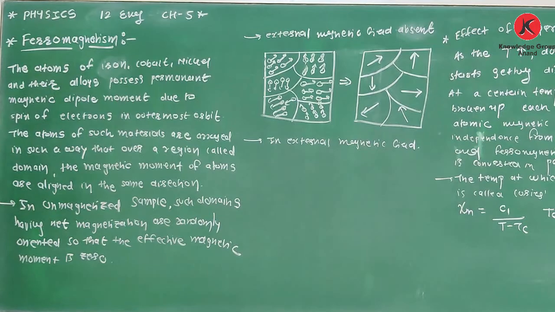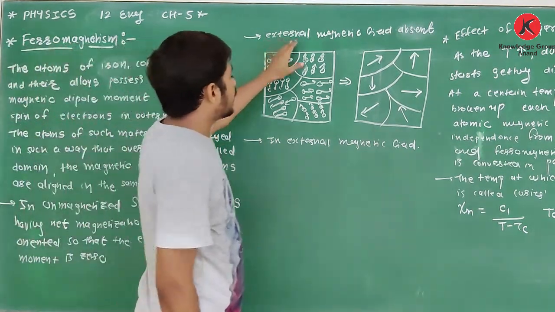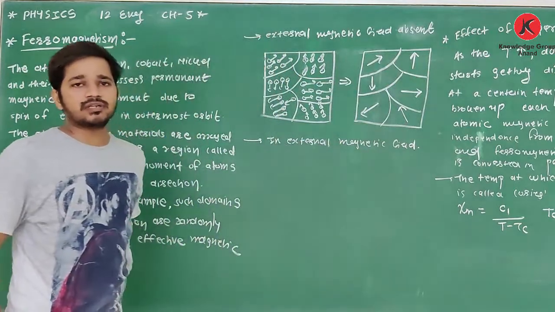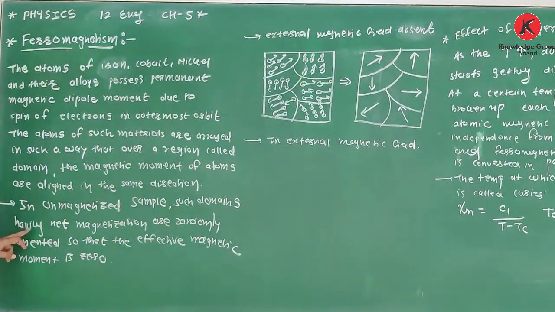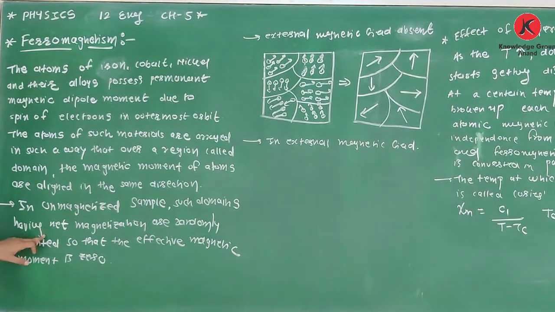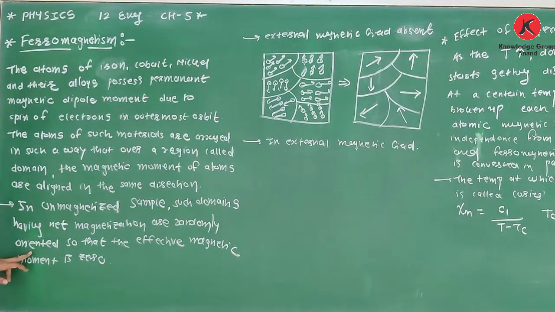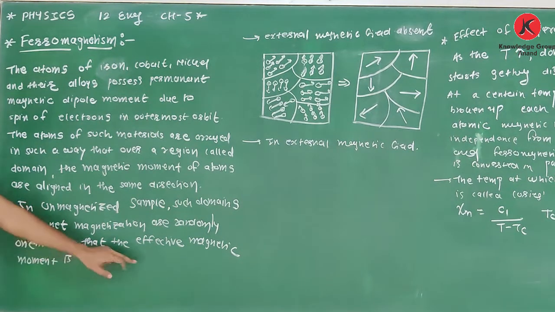Clear about this? Now, in an unmagnetized sample, meaning when the external magnetic field is absent, such domains having net magnetization are randomly oriented so that the effective magnetic moment is zero.